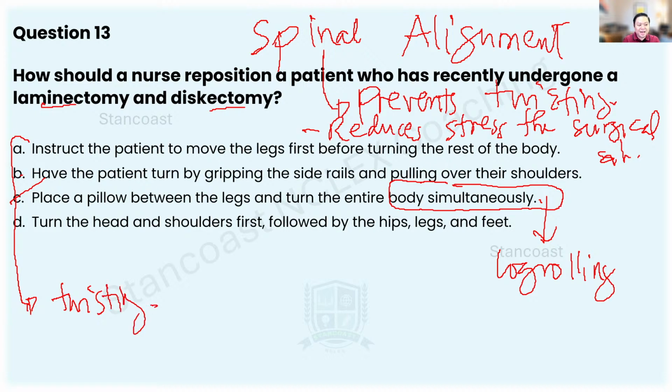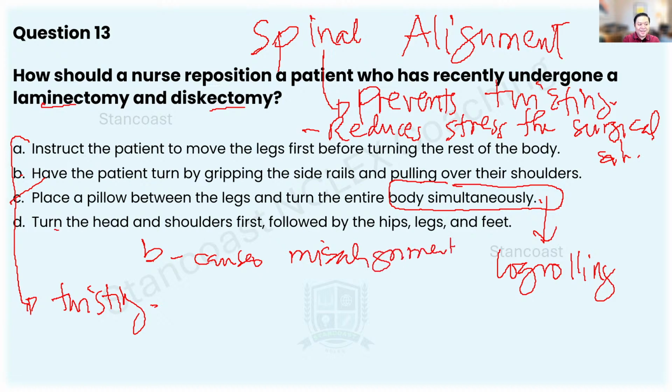Have the patient turn by gripping the side rails and pulling over the shoulders. He is attempting to move himself by grabbing the side rails over the shoulders. And what about the rest of the body? This is going to cause misalignment as well. Letter B causes misalignment, so we are supposed to eliminate that one too.